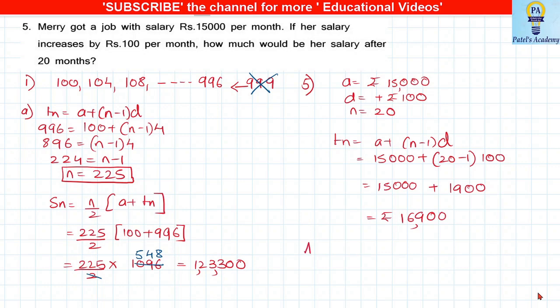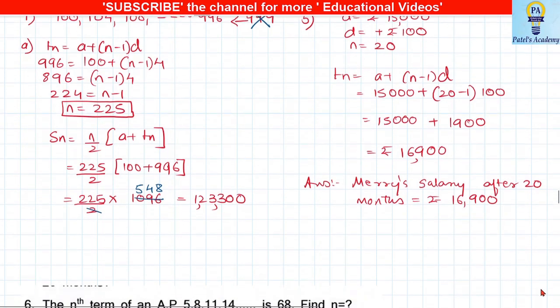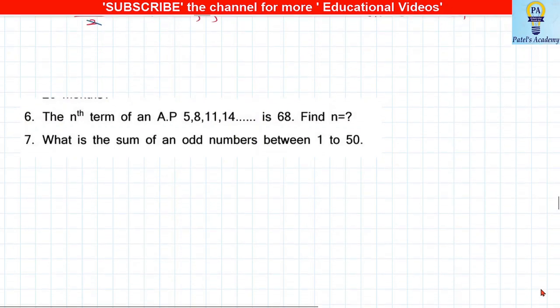Okay, so the final answer, it is a word problem, so you have to write down the statement. Mary's salary after 20 months is rupees 16,900. Okay, a typical sum of Tn. Okay, let's see the sixth one.